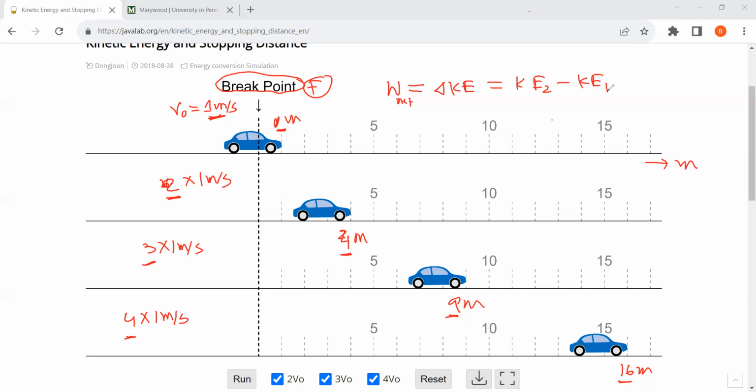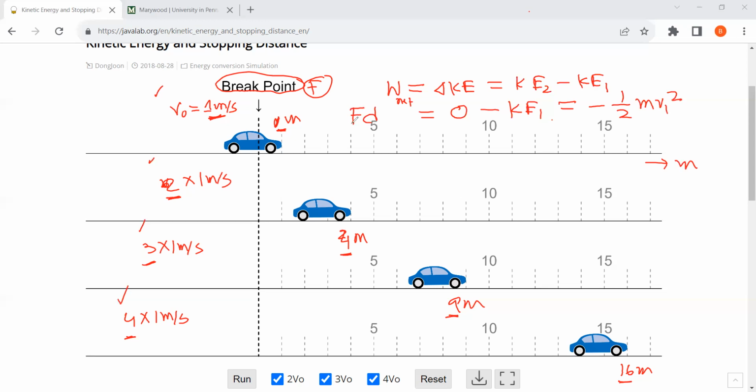The final kinetic energy is 0 because the car finally stops, so this is equal to minus half m v1 squared. Here v1 means these speeds. On the other hand, on the left hand side we have Fd.